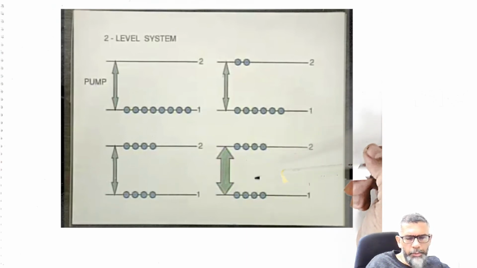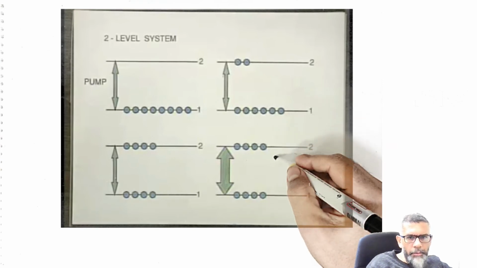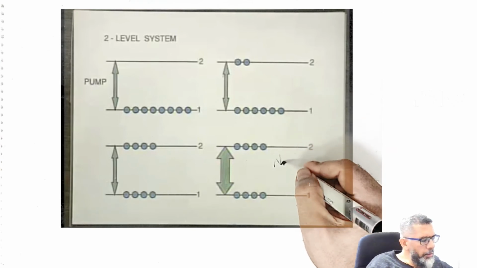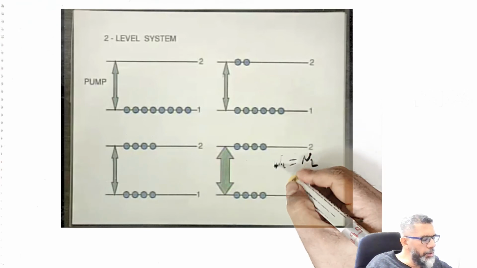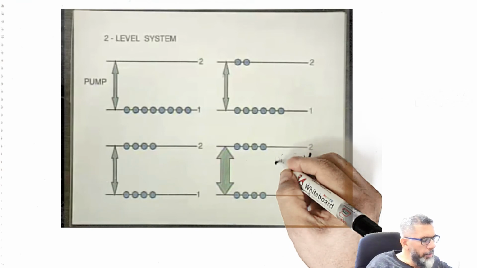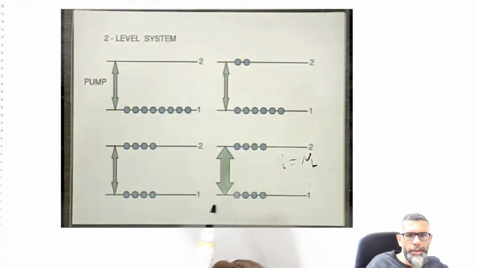So these two processes, stimulated emission and absorption, will have equal probabilities, and this will not make any difference between the numbers in the ground state and excited level. What I mean is that N1 will always equal N2, and N2 is not going to get larger even if you increase the pump larger and larger. There is no such case.